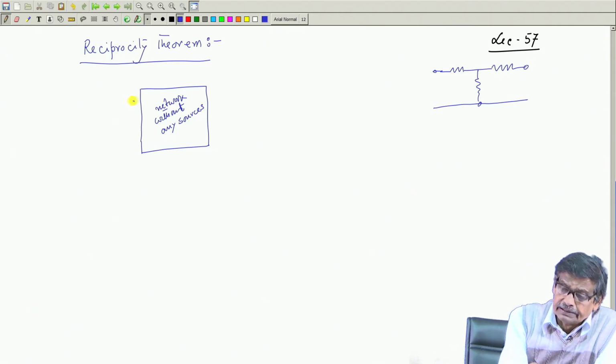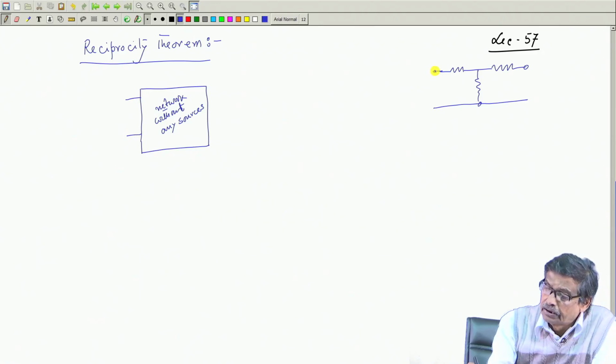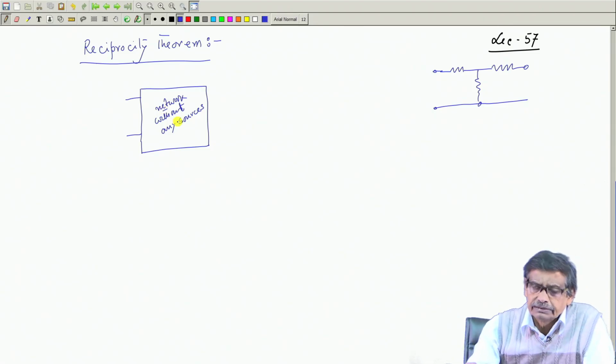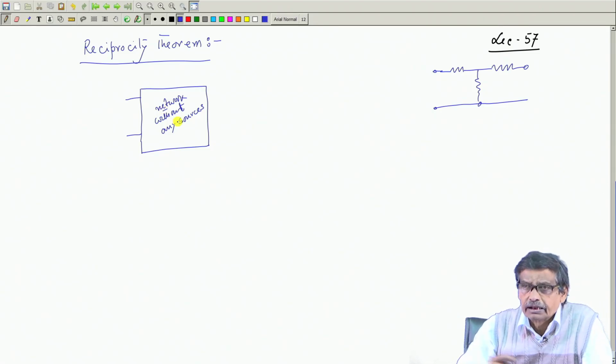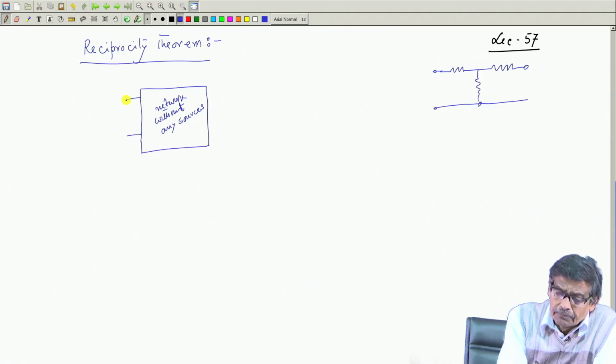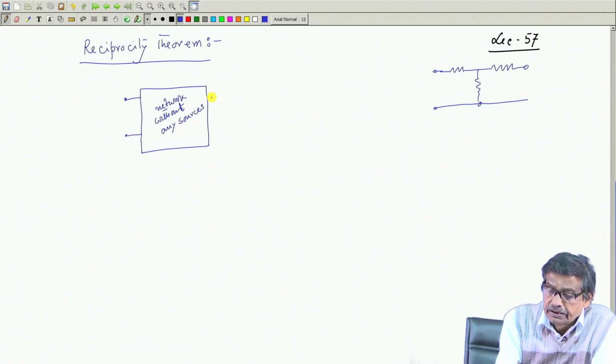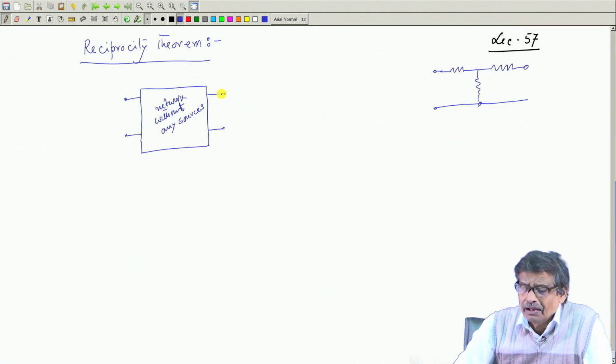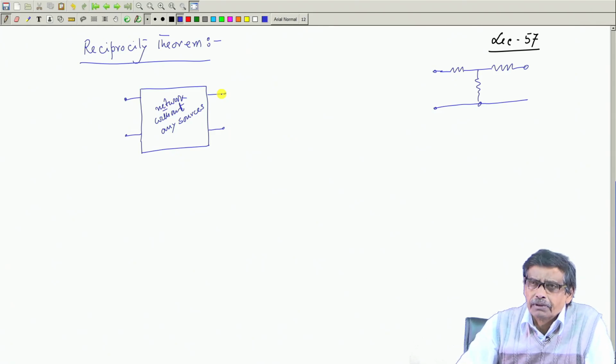So, if that is the thing, then these two terminals are these two terminals, and these networks inside could not be as simple as this, they could have several other elements connected, but somehow two terminals come out here and two terminals come out here, like that. Presumably, I will call it my input terminal, and this could be my output terminal, and so on.